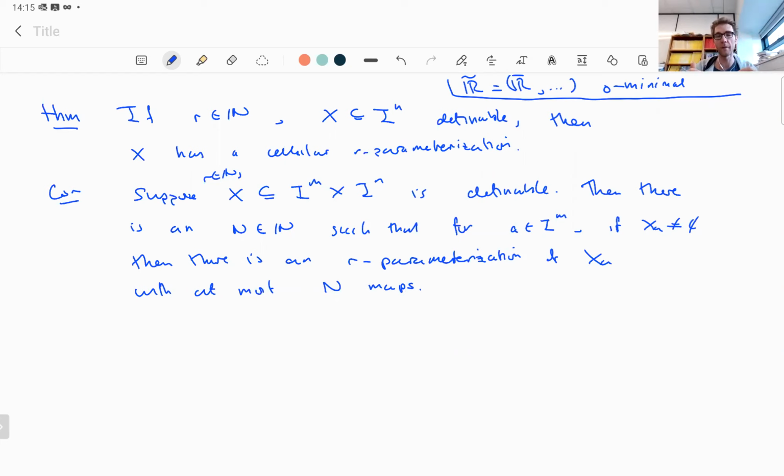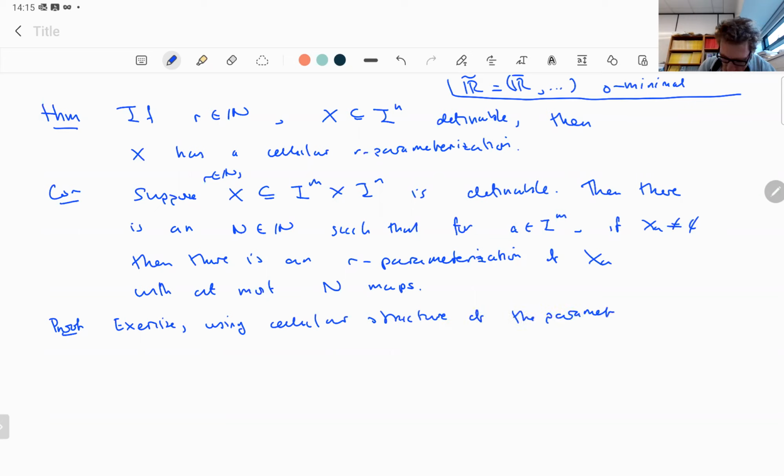You see, the cellular maps are compatible with the coordinate system, so you can move a back on its own. So I'll leave the details as an exercise. But the point is you use the cellular structure of the parameterization. So you apply the theorem to the whole set X.